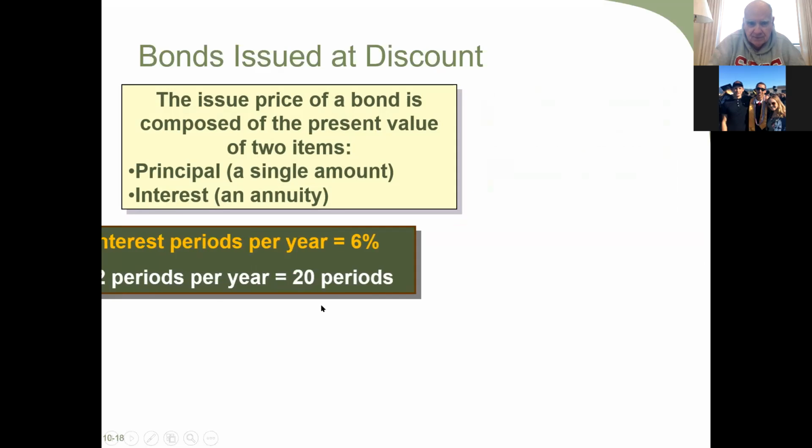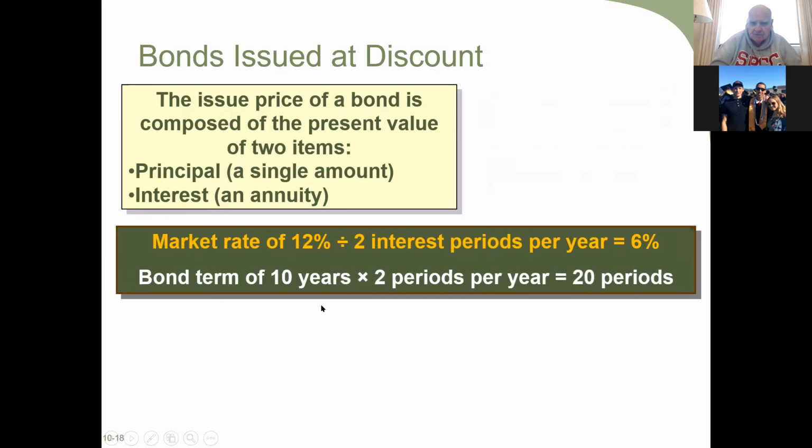The market rate was 12%, 2 periods a year. The bond term is 10 times 2 periods a year, 20 periods. When we go to your present value table, you notice it doesn't say year, it says period, because a period can be a month, a week, a year, whatever. So we're going to make 20 equal payments of, I guess, $5,000.